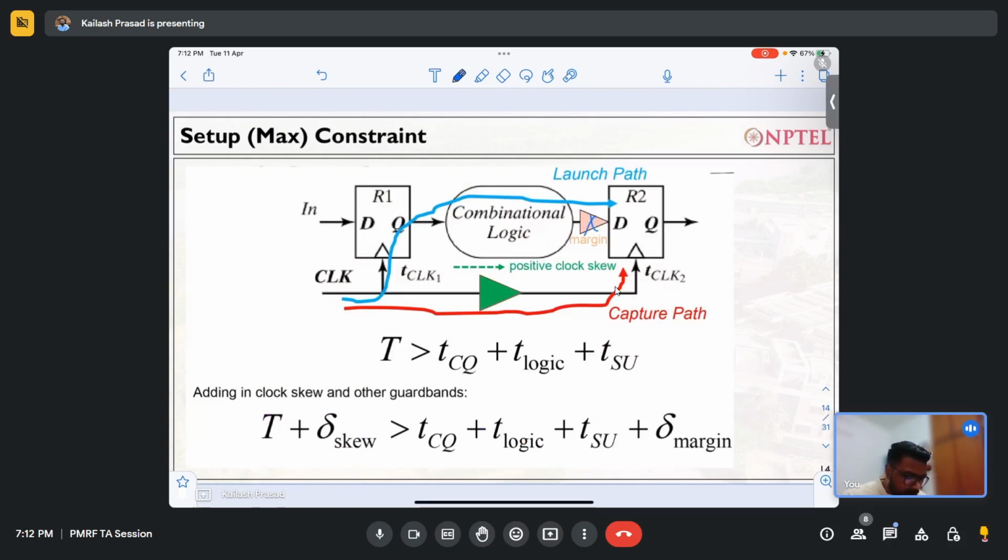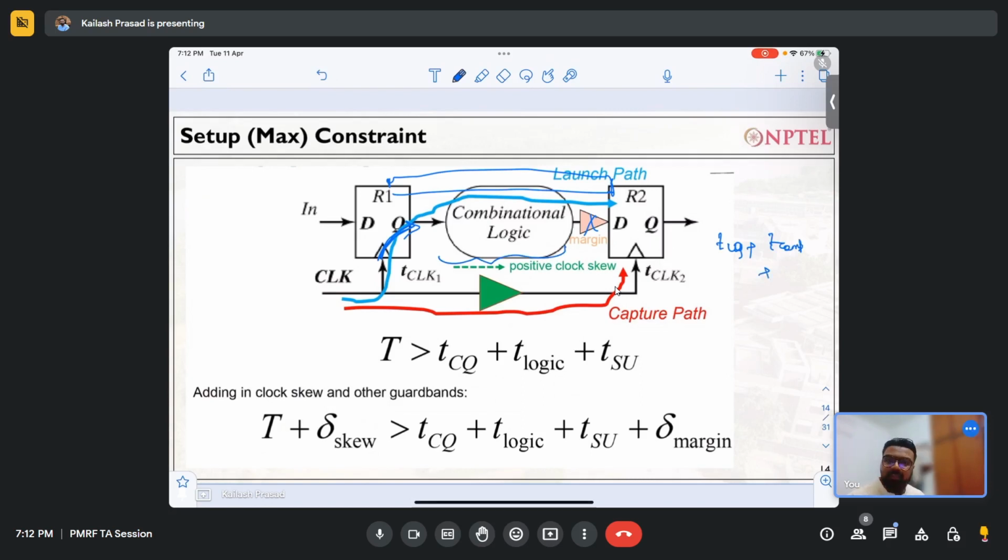The time period should be decided by the delay between the two flops in an ideal condition. What is the delay in the ideal condition? The first delay which will come is t clock to q. That's the reason t clock to q is the first delay. Then the second delay is the combinational logic itself, t com.